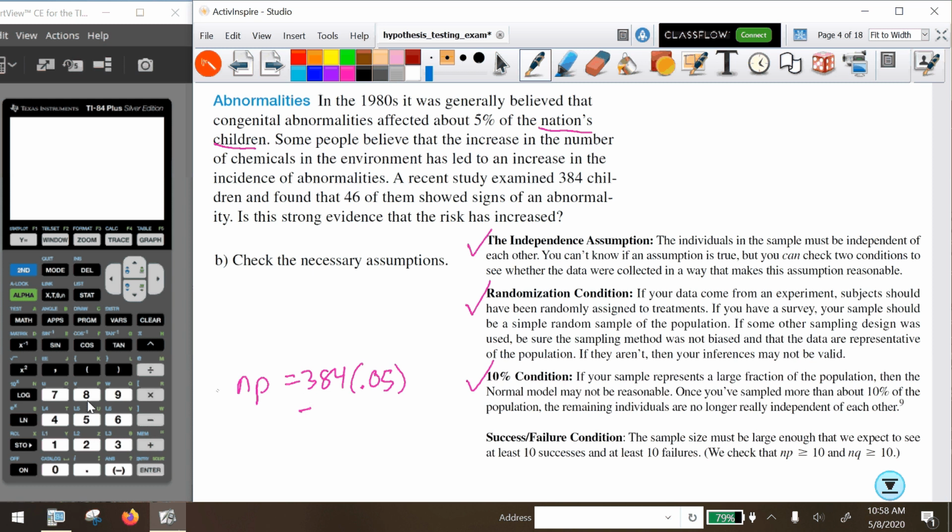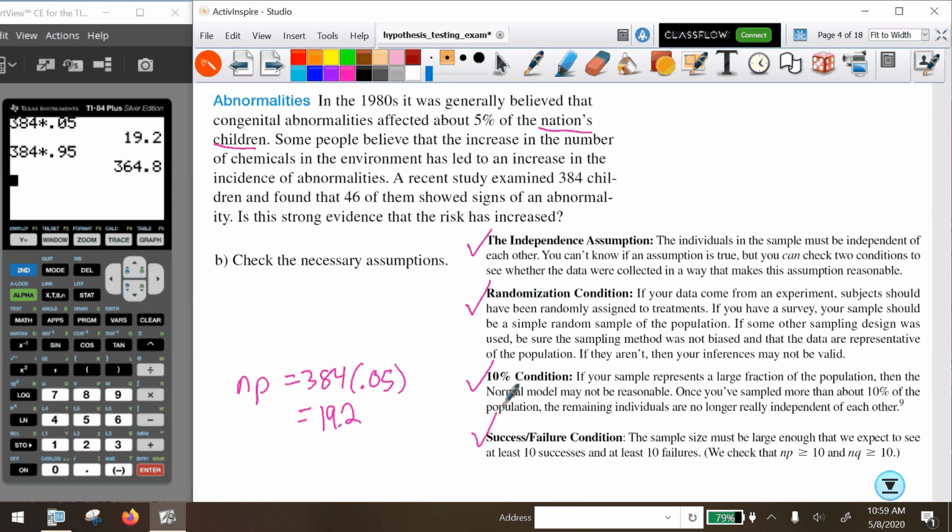Yeah, it's way higher than 10. 384 times 0.05 is 19.2. So this is 19.2, which is higher than 10. And we'd expect to see at least 10 that do not have any congenital abnormalities. Yep, so we satisfied the success failure condition.